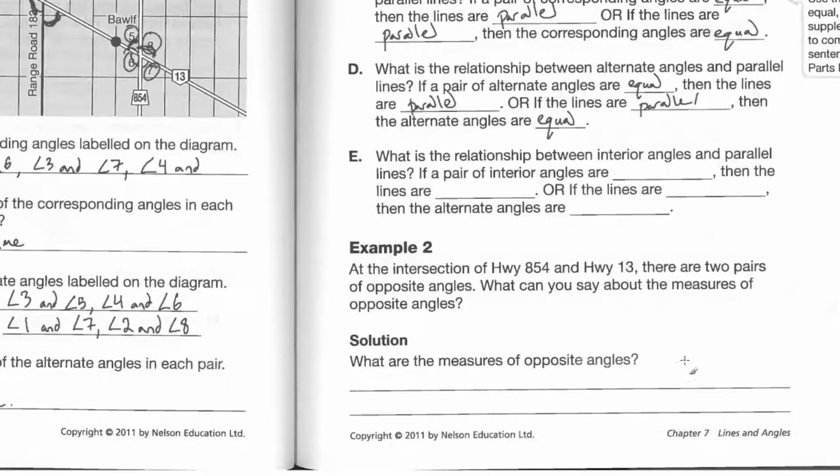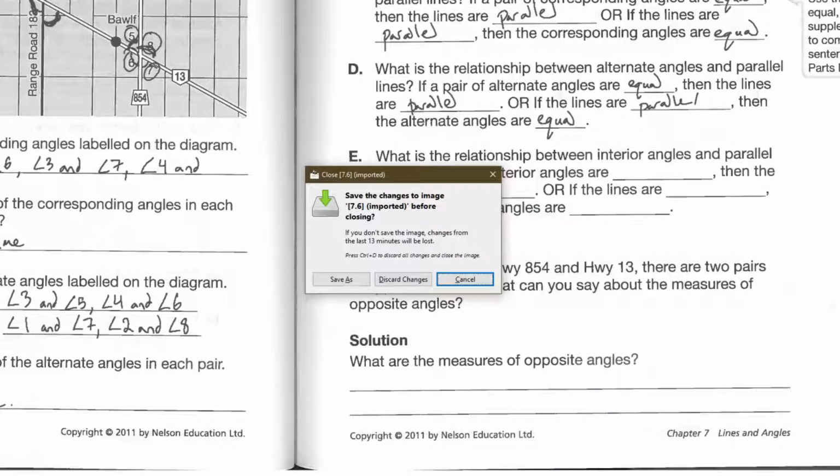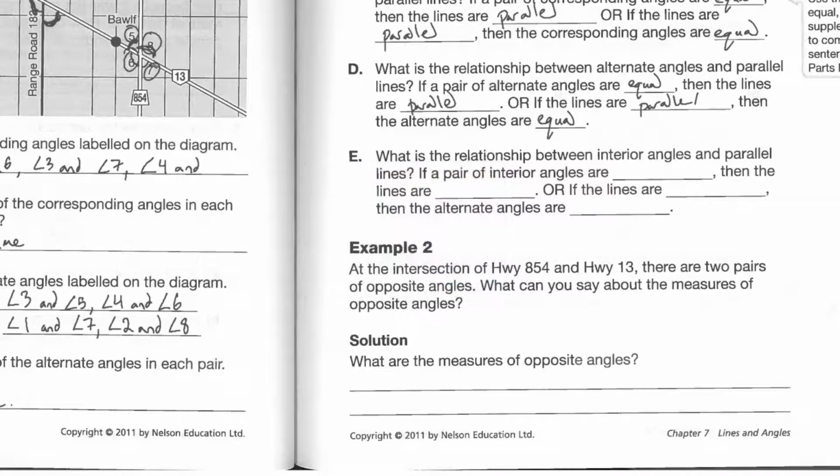Finally, what is the relationship between interior angles and parallel lines? Well, looking at this inside angle here, its interior angle is going to be this one right here. So these, if you add them up, are going to add to 180, which means they're supplementary.